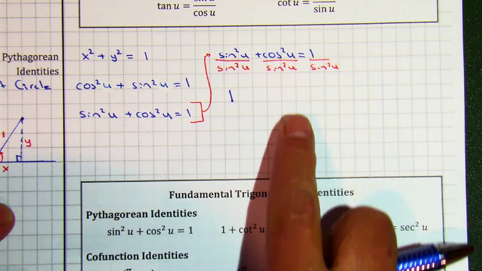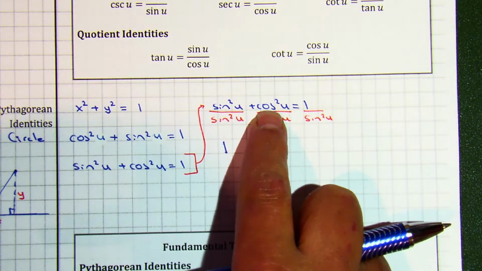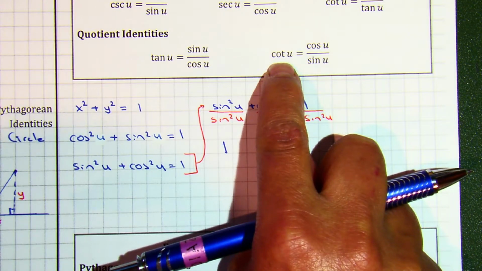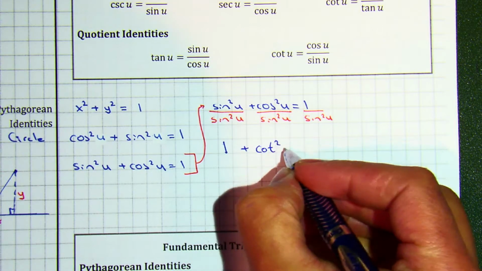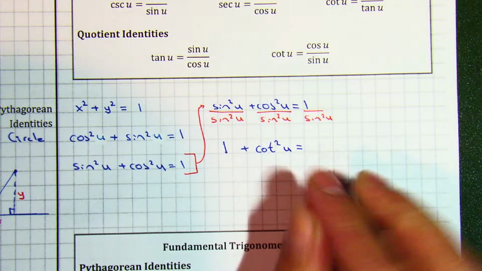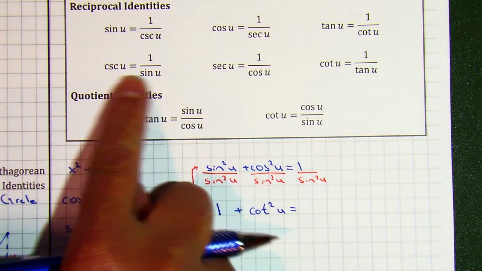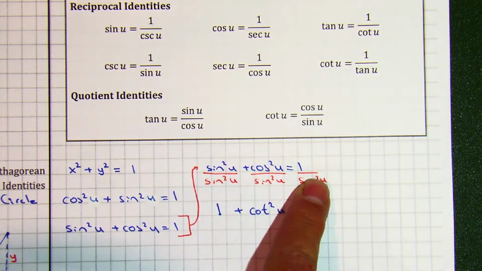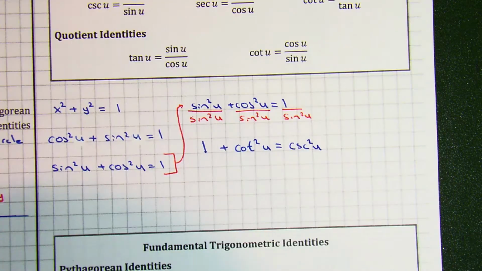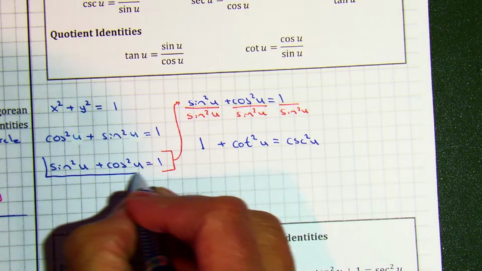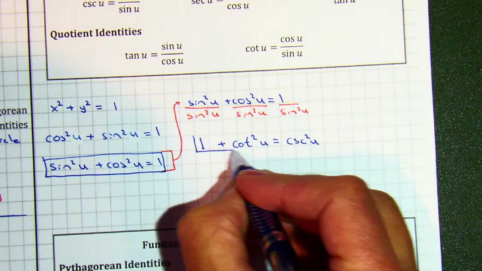We know that cosine square of u divided by sine square of u, or cosine divided by sine, is cotangent. So therefore, this will be cotangent square of u. And we know that 1 over sine is cosecant, but because it's squared, it will be cosecant square of u. So this is your second Pythagorean identity.